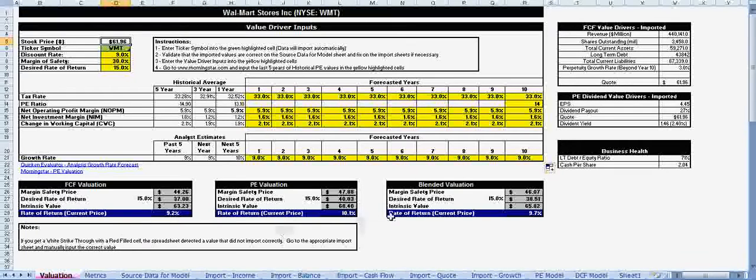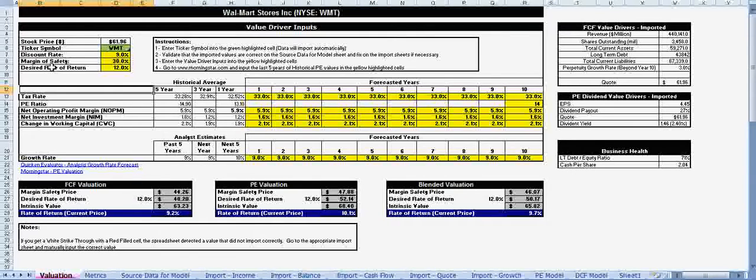I typically wait for a stock to get to a price that would allow me to make a 15% return. In this case, I'd have to wait for the stock to hit somewhere between 37 and 40. On a blue chip stock, I might vary that a little bit. I might say, this is a low risk investment, so let's lower my required rate of return.